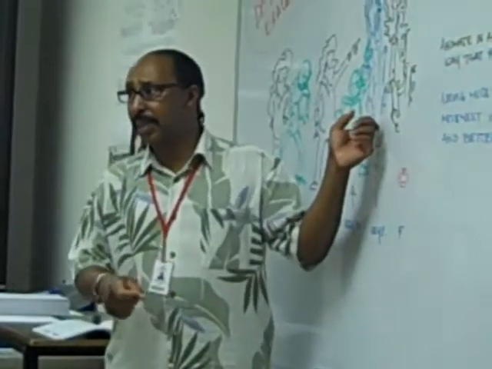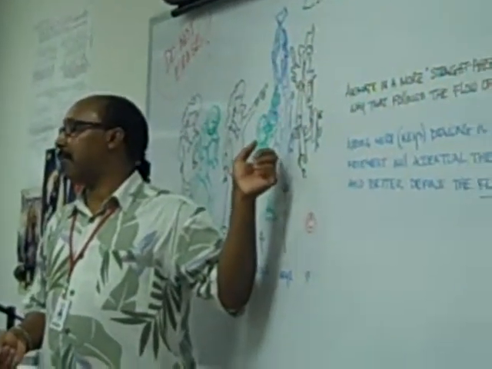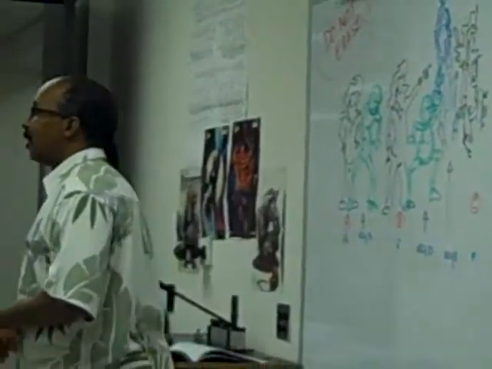The last and final point, and I'll talk more about this as time goes on, is that there's such a thing as a breakdown drawing. The breakdown drawing is the most important drawing in animation.